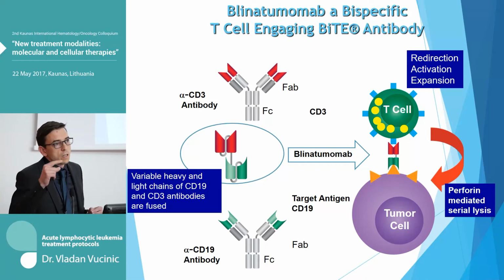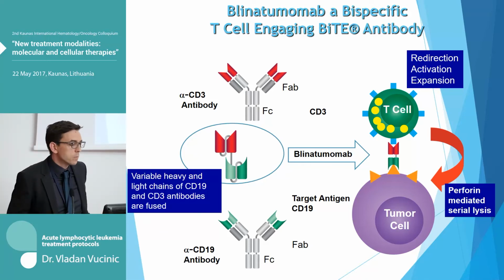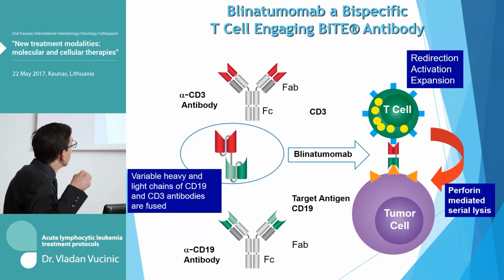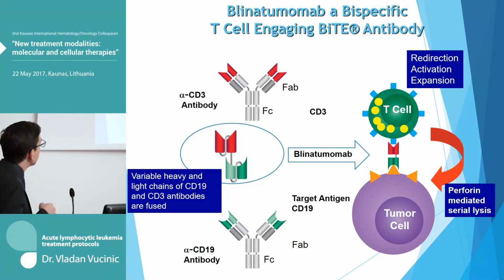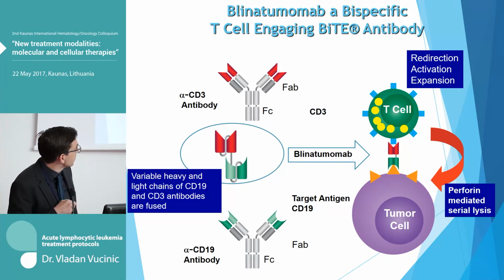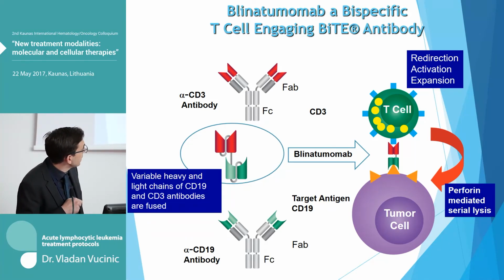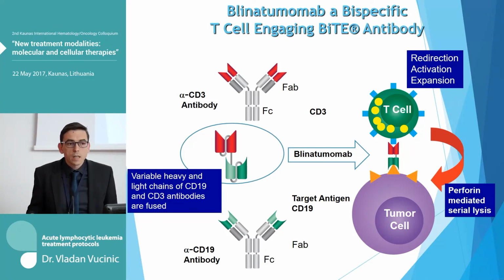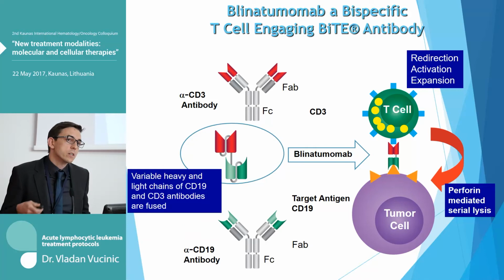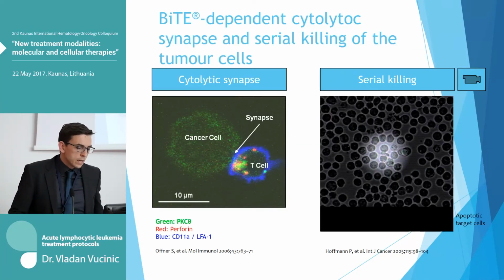Actually, it is a linkage between fragments of antibodies. If you can see here, it is FAB of CD3 and FAB of CD19, making a small molecule, and this small molecule is binding the T cell to the tumor cell. In this way, one skips the HLA restriction, and this T cell can destroy the tumor cell.